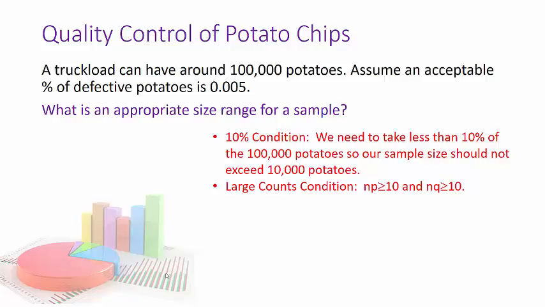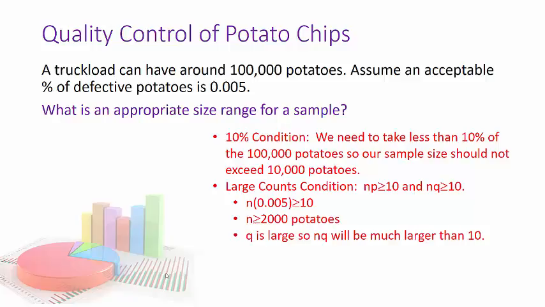But I also have the large counts condition, and because my p is very small here, n times 0.005 must be greater than or equal to 10. So if I divide both sides by 0.005, I get n is greater than or equal to 2,000 potatoes. So that means I need to take at least 2,000 potatoes to use the normal distribution.